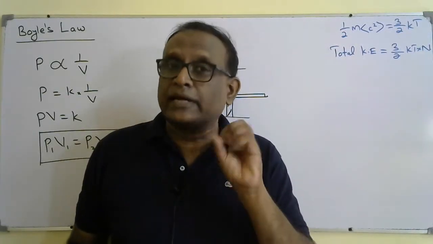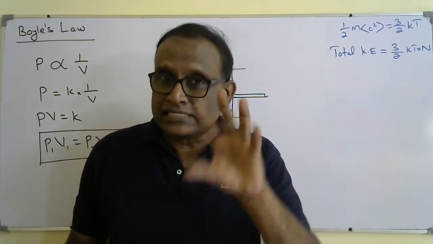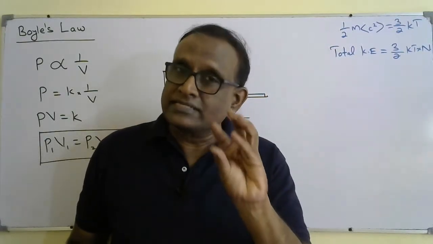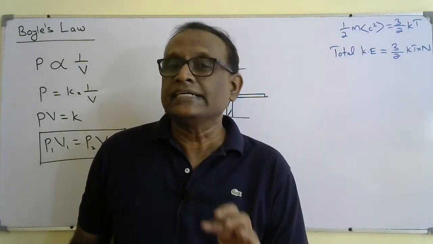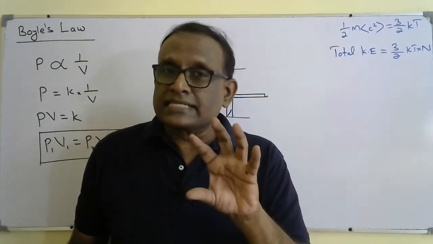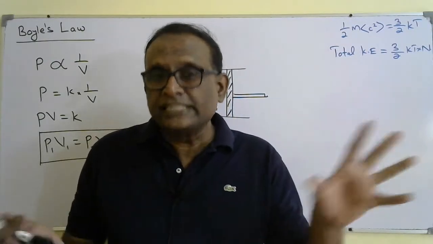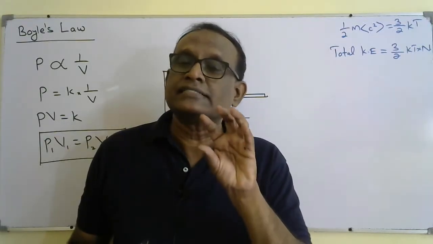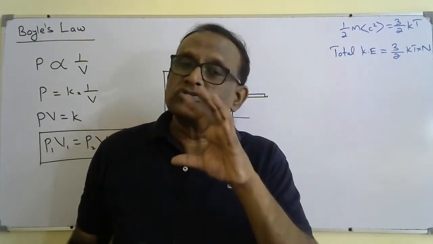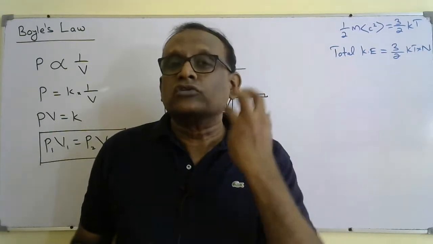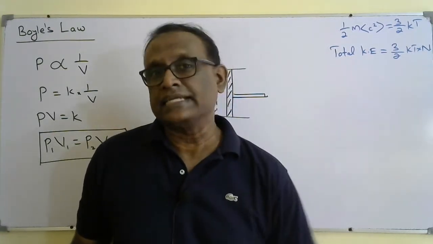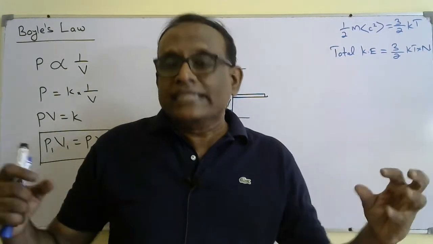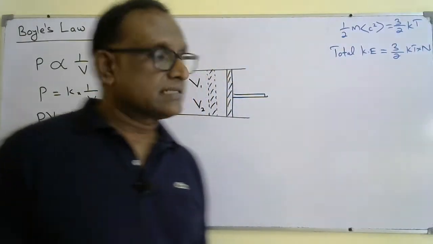Each gas particle has the same average kinetic energy, and the force exerted by each particle on average could be the same, but more collisions per second means the total force on the wall is more, so force per unit area is more, and pressure is more. That's the reason when the volume decreases, pressure increases.